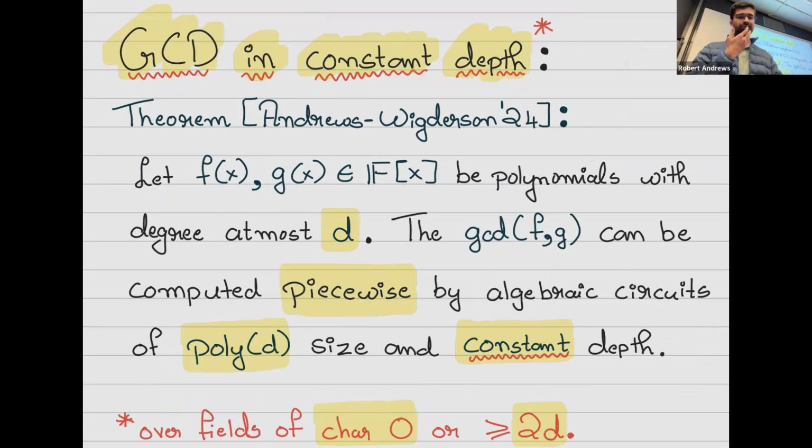It turns out that we need a little more than just algebraic circuits. We need the power of branching. Even in Euclid's algorithm, we wanted to check if the remainder is 0 at some point. So we need a branching instruction in our model. Once I add that small piece, this statement is true.